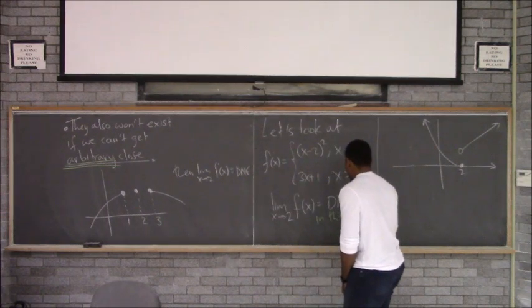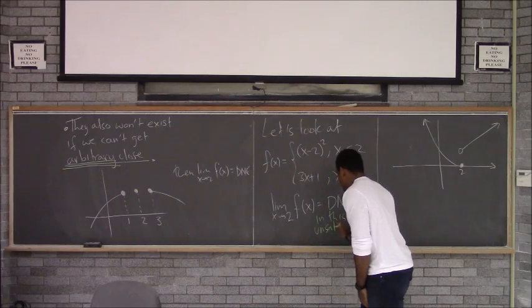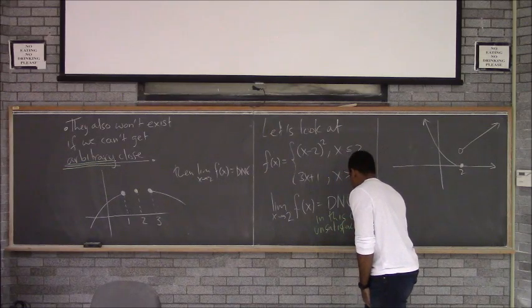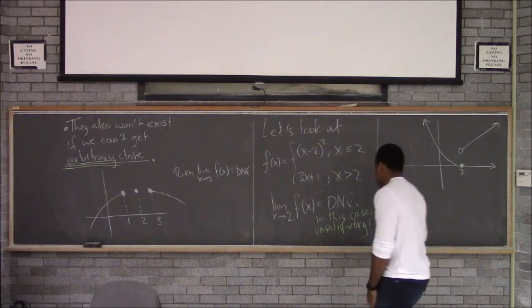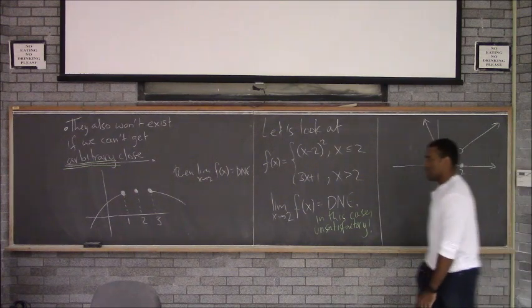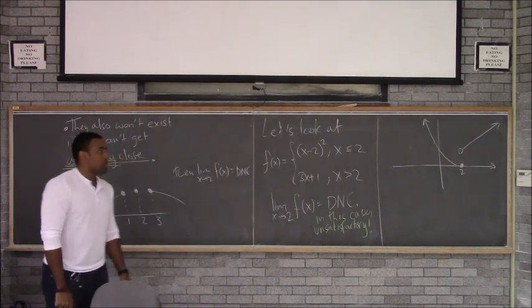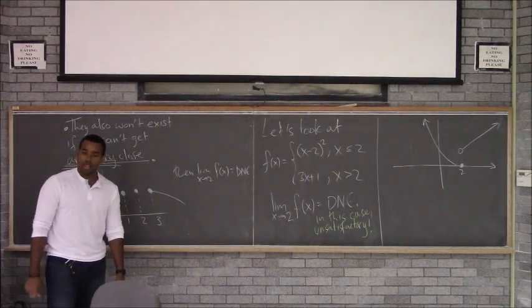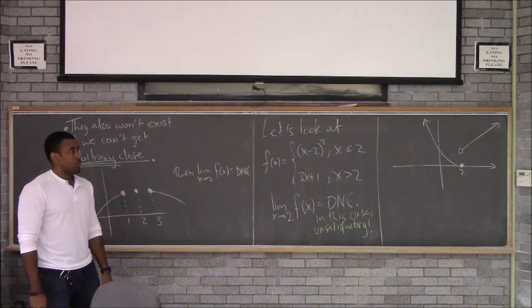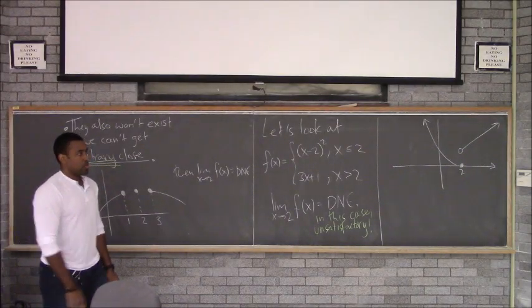In this case, it's unsatisfactory to some extent, because I can really talk about what the function is doing in some real sense. And the thing is, it just depends on what situation I'm in, whether I'm coming from the left.